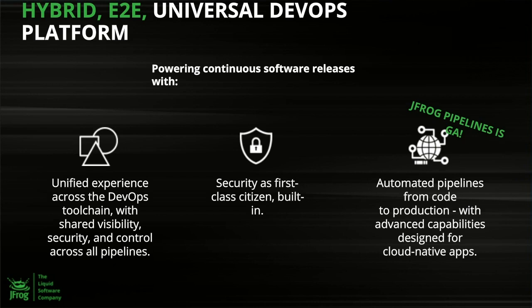And in addition, security is a fundamental aspect of the platform, as I mentioned before. Security is a first-class citizen inside the platform. We're leveraging JFrog X-Ray in order to scan everything that we can inside the platform. So all the binaries, which is basically the software that we're delivering, can be scanned by JFrog X-Ray.